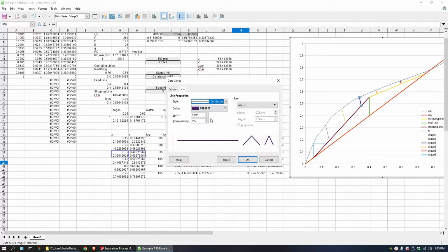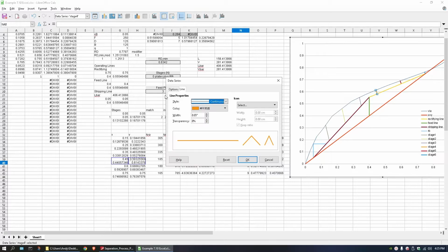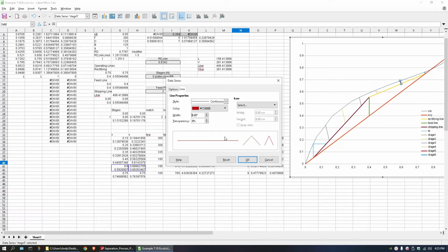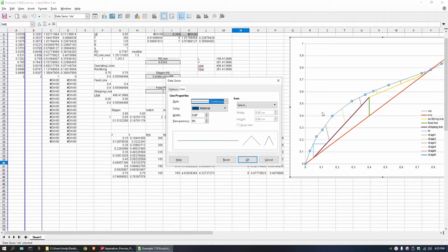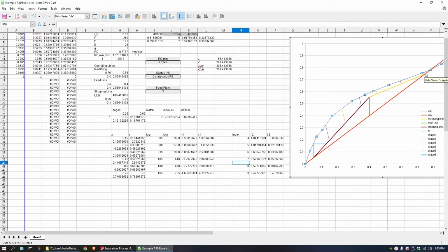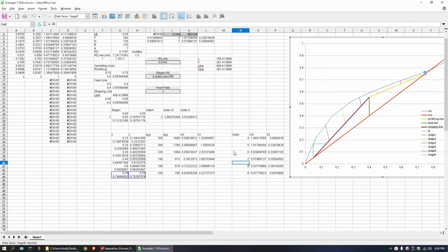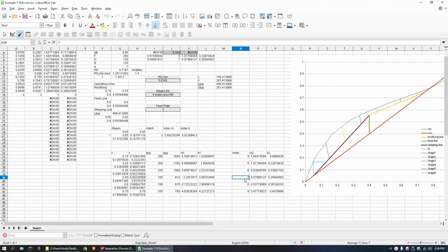I wish there was an easier way to do this. Yeah, this one looks a little bit off. Oh, come on, it's so small. Stage 6. Okay, so they are a little bit off. We can change these around a bit.